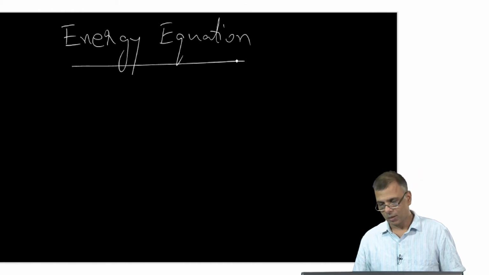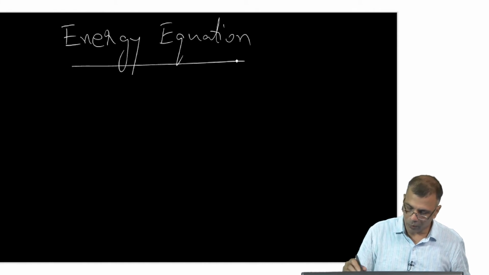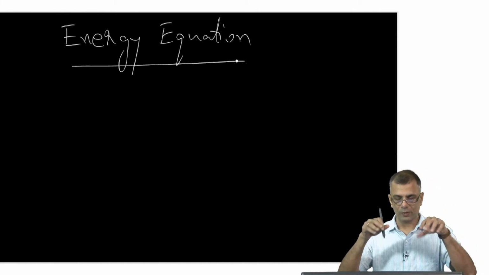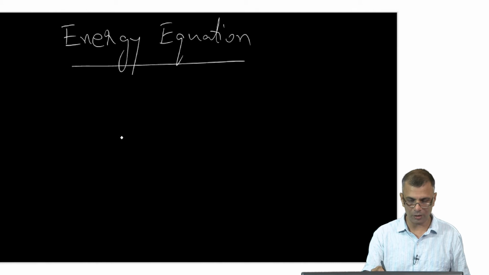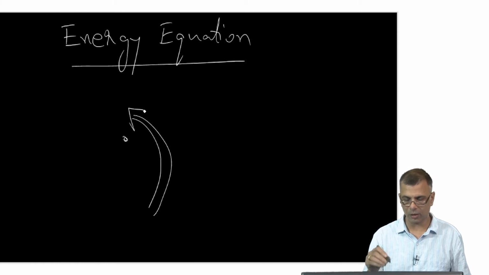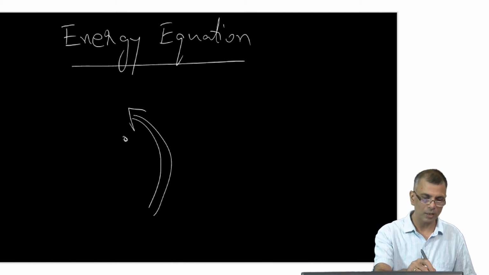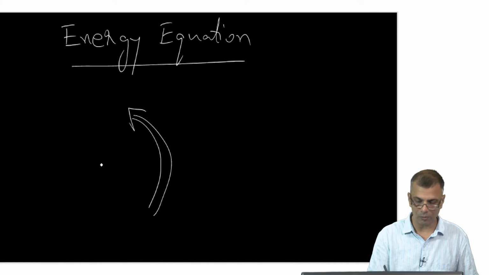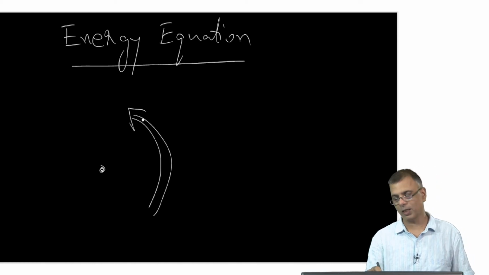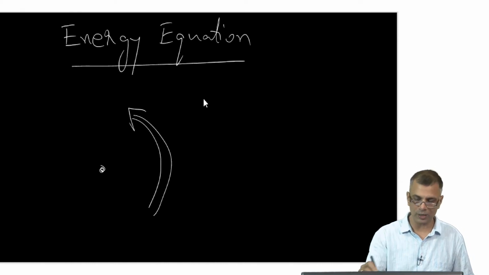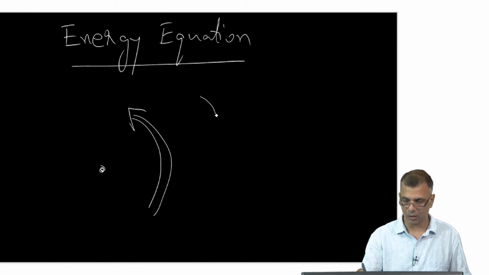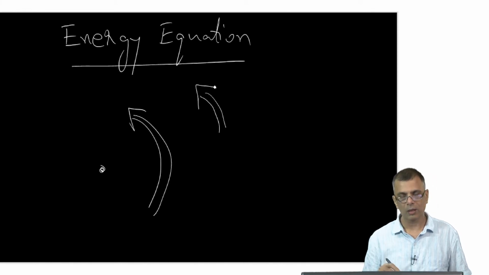So when we were looking at the top view of an accretion disk, you remember this is the picture we had. The inner parts of the accretion disk, with the central object somewhere here, are moving faster than the outer parts, right?